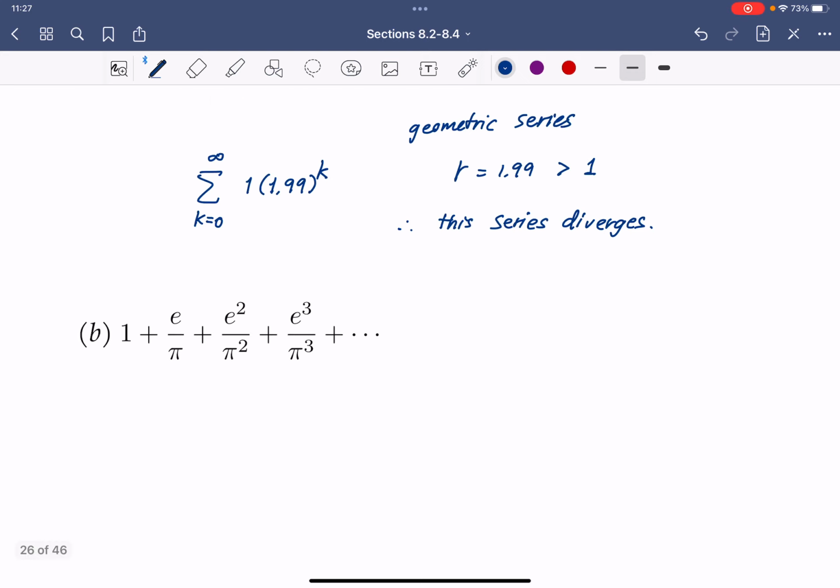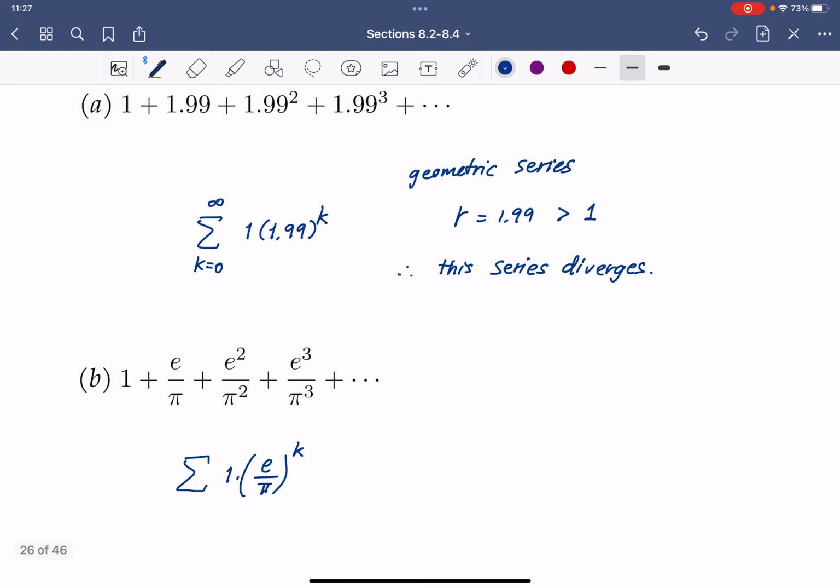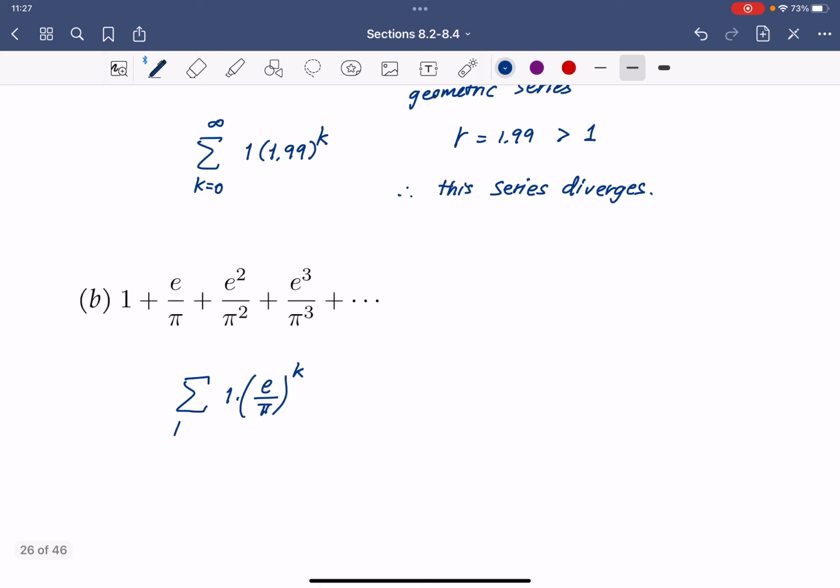Okay, this example is so silly, an easy one. 1 times e over pi to the k, similar to the first one. Why is it so easy? k equal to 0 to infinity. And then this is also a geometric series.